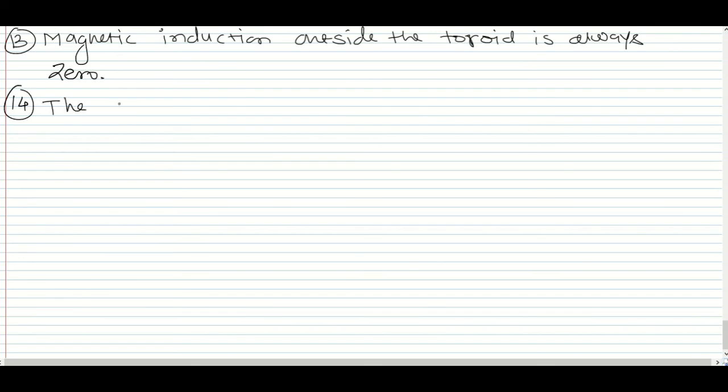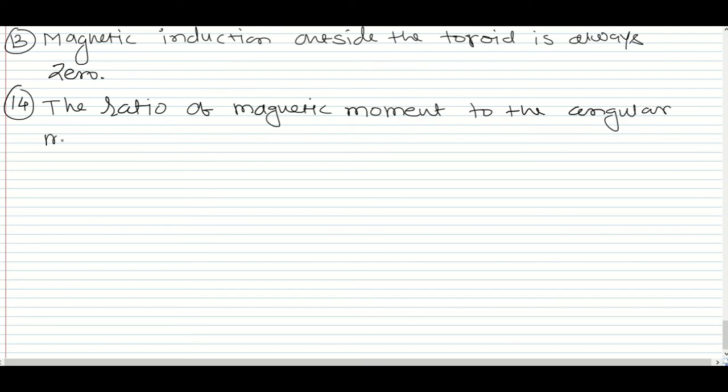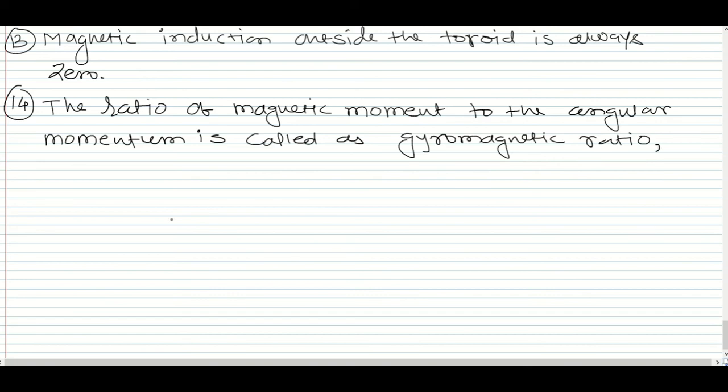So the ratio of magnetic moment to the angular momentum is called the gyromagnetic ratio, and this gyromagnetic ratio is capital M divided by I. This is the magnetic moment to the current, and it is always equal to the charge on electron divided by 2m.